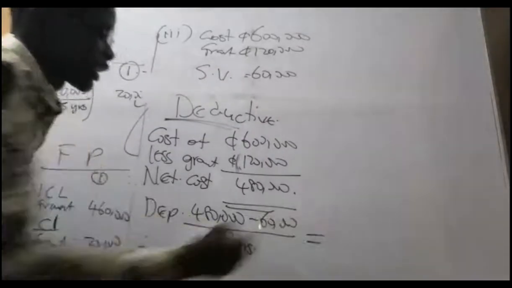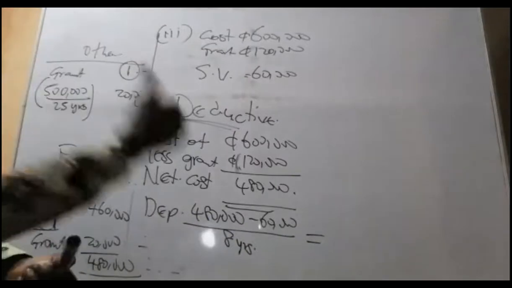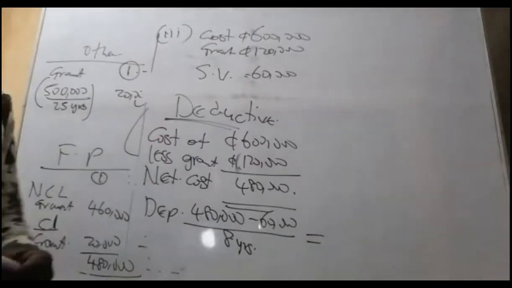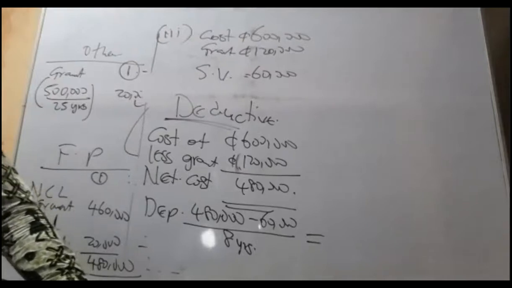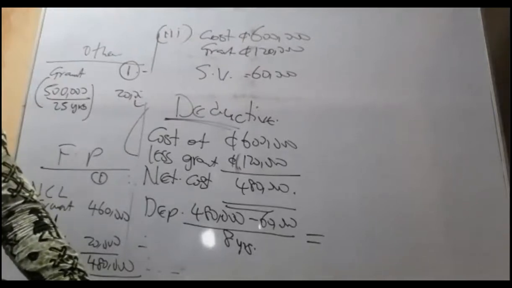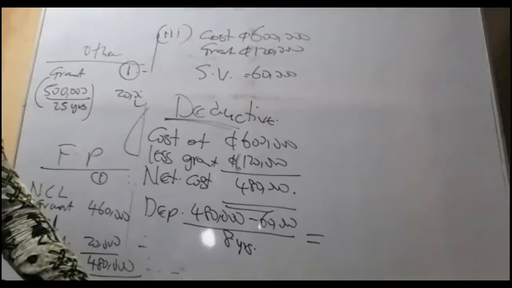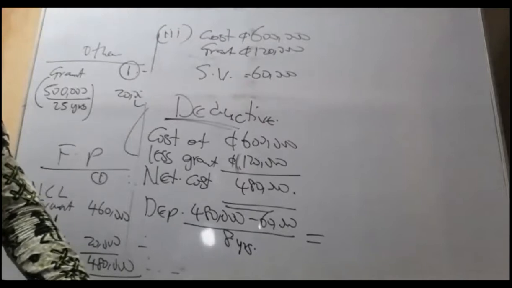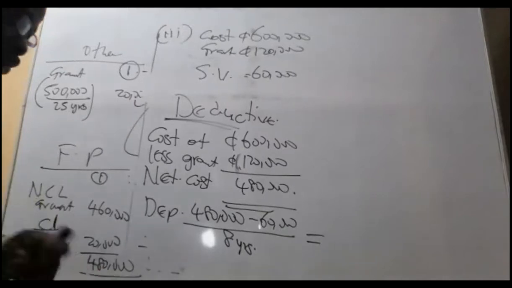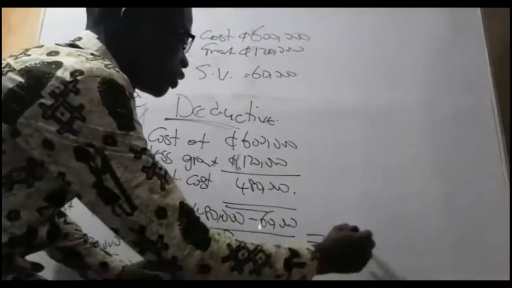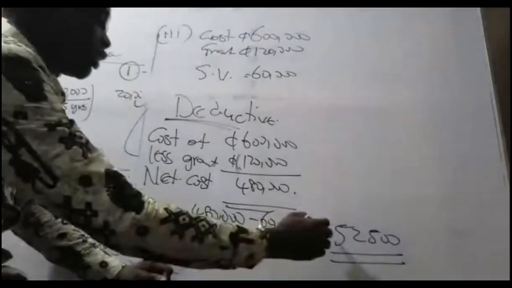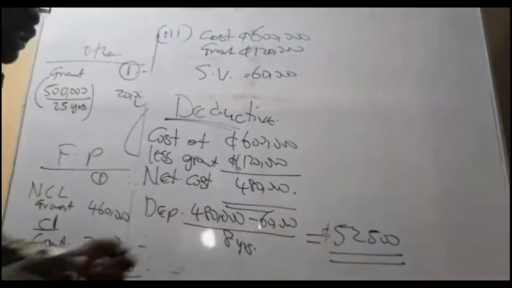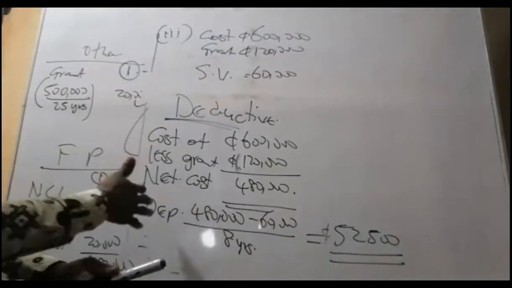The rest, you find the carrying amount. It ends there. The grant must be added to the cash book of the entity. So that will give us 420,000 divided by 8. 420 by 8 is 52,500. So that will be the solution. That's the depreciation per year if I'm using the deductive approach.